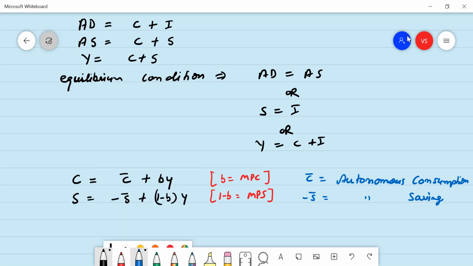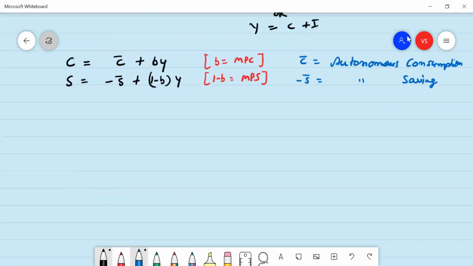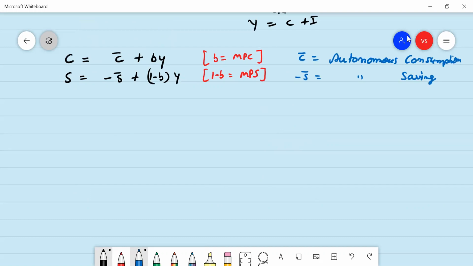And in the last class, I also explained some basic formulas to you: APS, APC, MPS or MPC.